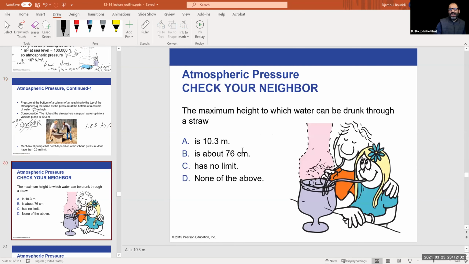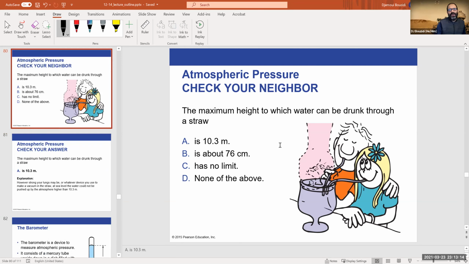So to pump water or oil or anything like that from a depth of more than 10.3 meters, you have to use other mechanisms, or have it pushed from underneath by some sort of high pressure device. But if you're relying on a mechanical device, it's not going to work. So the maximum is going to be 10.3 meters.